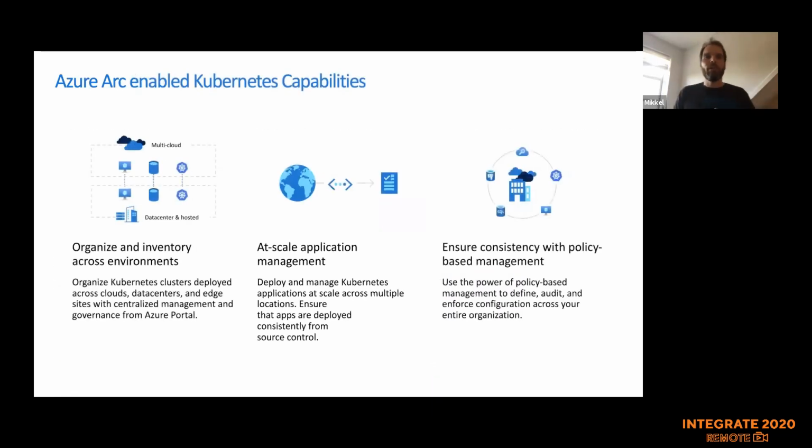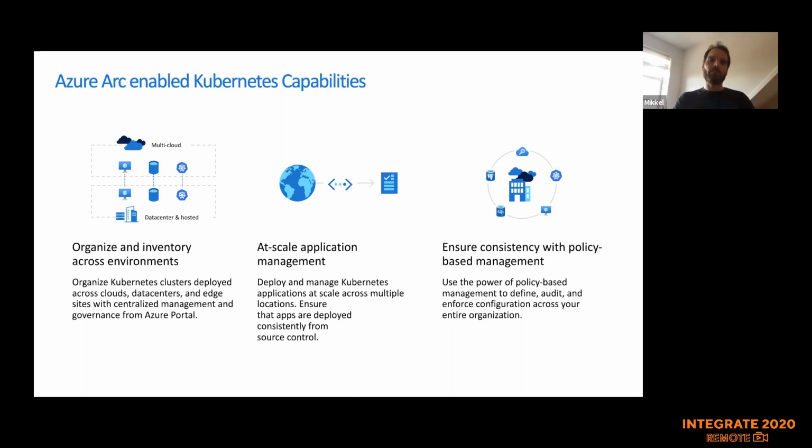So if we dive a little deeper into the capabilities Azure Arc enabled Kubernetes gives you, I talked about how we can organize an inventory, not just of Azure resources, but also across our different environments. Many customers are starting to run Kubernetes and standardizing on it as the infrastructure piece of their environments.